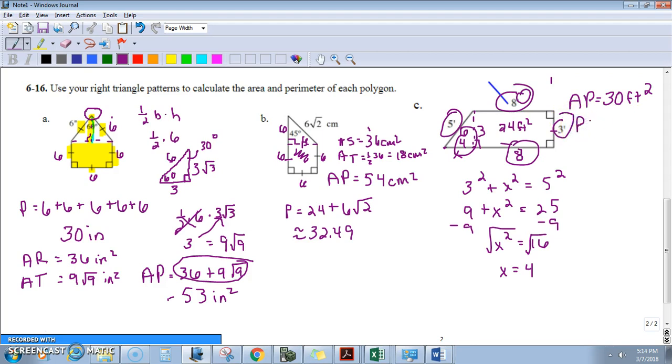Let's see, 8 plus 8 is 16, 17, 18, 19, 20, 21, 22, 23, and 5 is 28. So we have 28 feet is the perimeter.